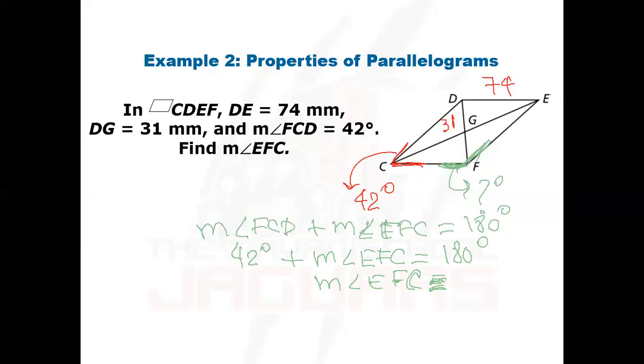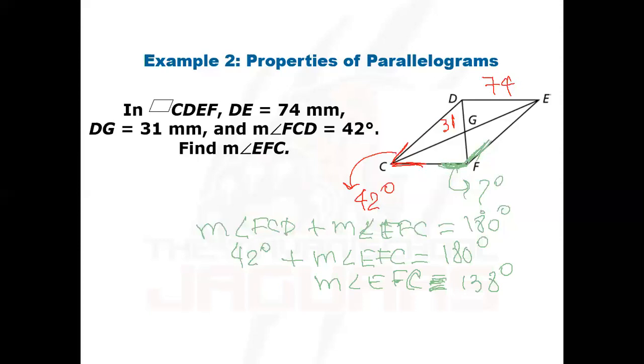So the measure of the angle EFC equals 138. Sorry about the handwriting. It's not easy to write on this. I'm using my cell phone to actually write it in here. So it's kind of difficult, guys, but I'm trying to do my best. So the measure of the angle EFC equals 138 degrees.